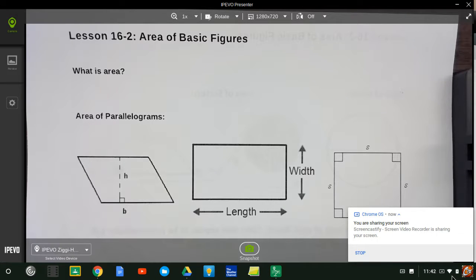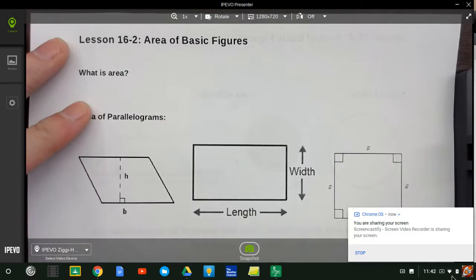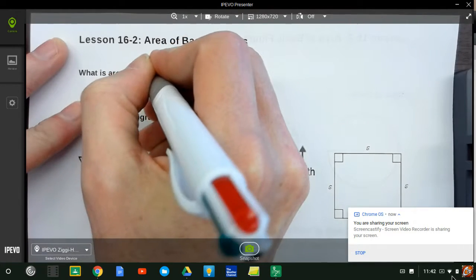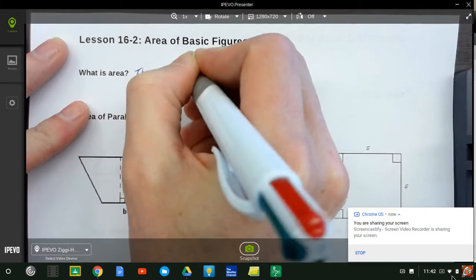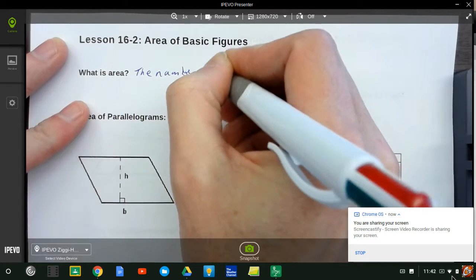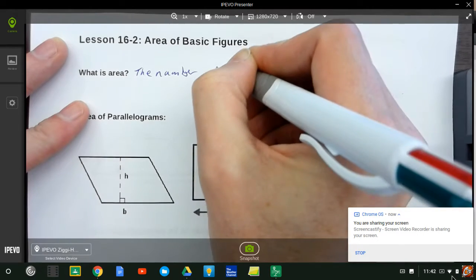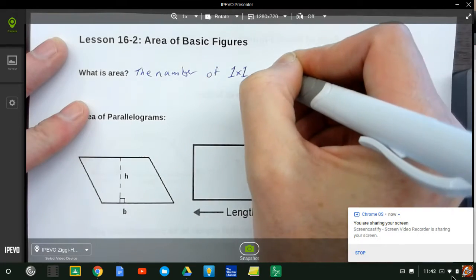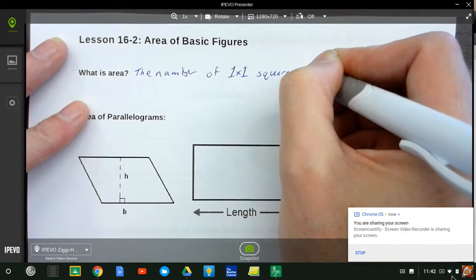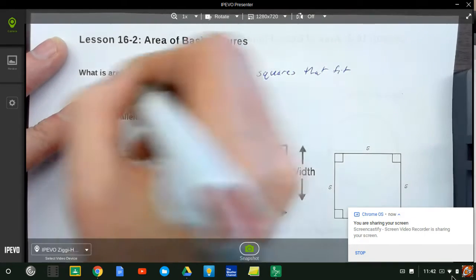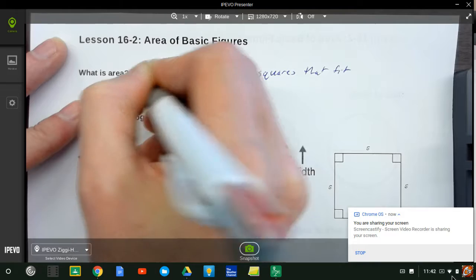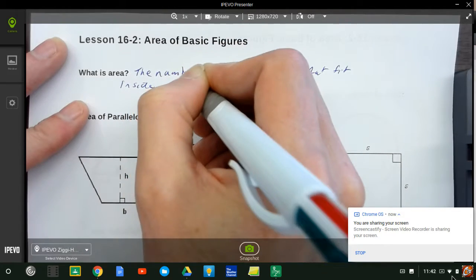So we talked a little bit about what area is in our last video. And we said that area is really the number of 1 by 1 squares, these are ones, not absolute values, squares that fit inside a figure.